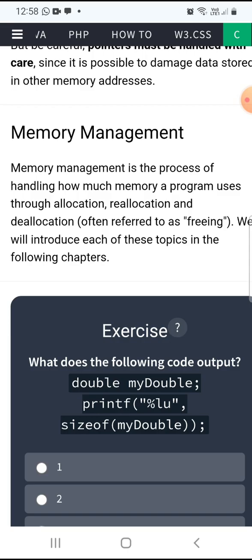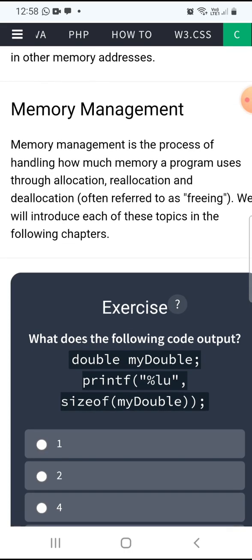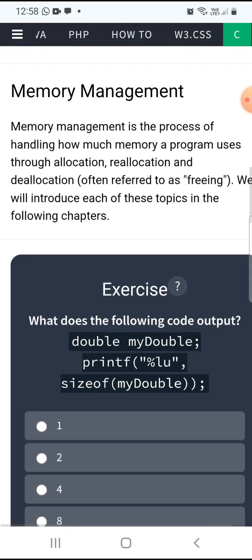Deallocation means freeing of memory. As a programmer, it is our duty to ensure how much memory is allotted to the program.